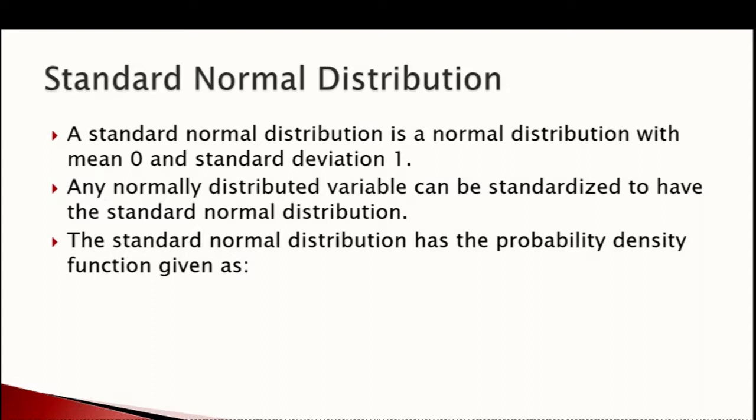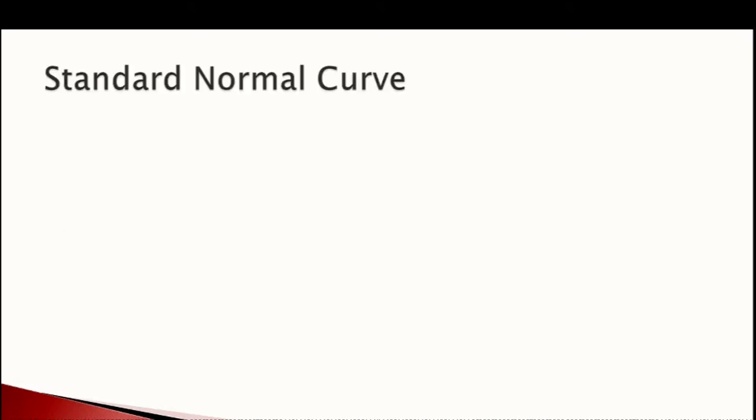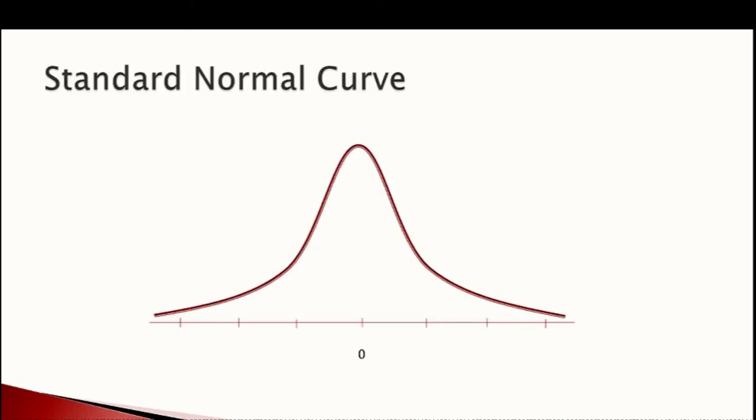The standard normal distribution has the probability density function f(z) equal to 1 over square root of 2 pi times e to the negative z squared over 2. People usually use z because of a concept called the z-score, which I will discuss in a little bit. I also include a graph of the standard normal distribution here. Instead of having mu in the middle, now you have 0.